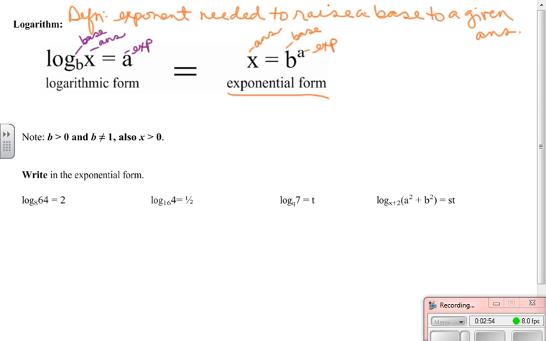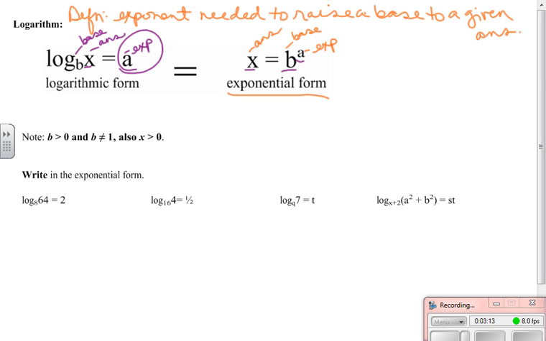And that's how we say it. Log base b of x is equal to a, where the base of the log, that b, is the base of what we had over here. x is the answer, and what our log equals is the exponent.